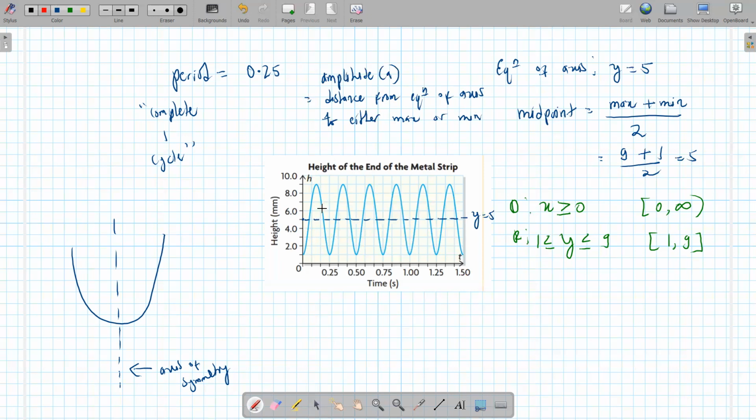And now we're talking about this in terms of y values. What's the distance from here to here? Or from here to here? They'll both be the same. It's 4. You can look at the maximum: 9 minus 5 is 4. Or you can look at the minimum: 5 minus 1 is 4. So that's the amplitude.